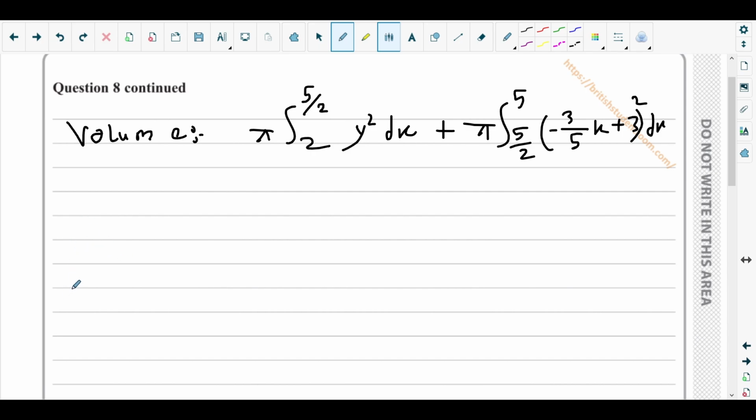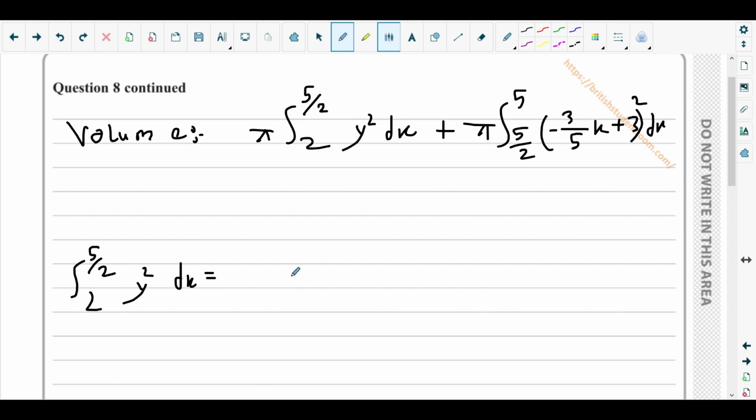Okay, so at first, integration from 5 over 2, integration y squared dx. Y squared dx can be written as what? Look, y squared.